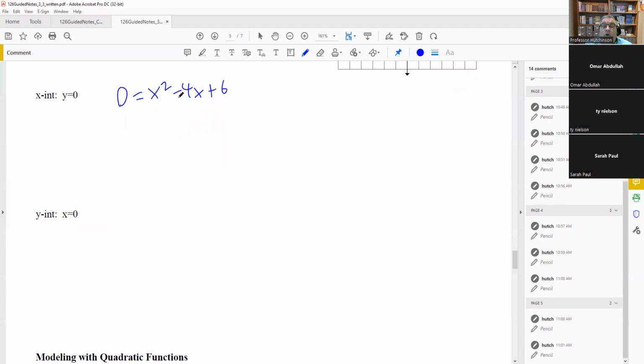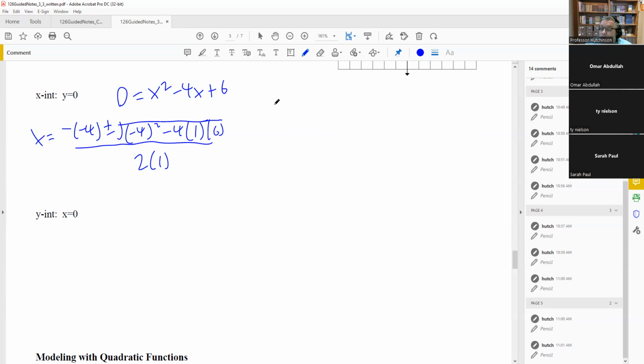So if it doesn't work that way, then you have to use the quadratic formula, because it's probably going to be a decimal answer. So quadratic formula, the b is negative 4, so I have negative times negative 4, plus or minus the square root of b squared, negative 4 squared, minus 4 times a is 1 and c is 6. All that over 2 times a, 2 times 1.